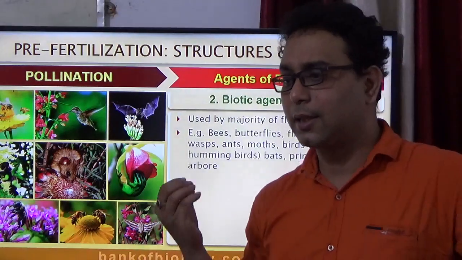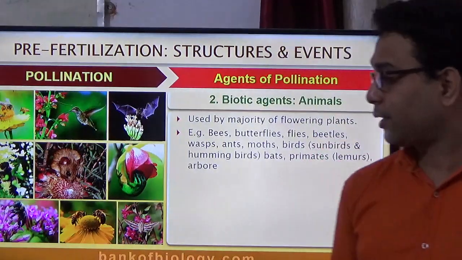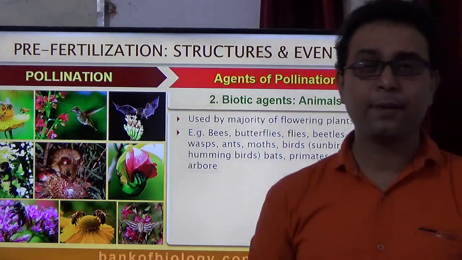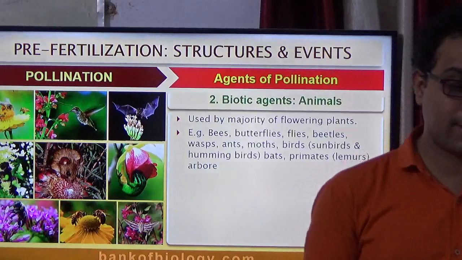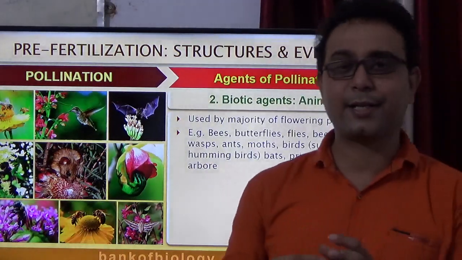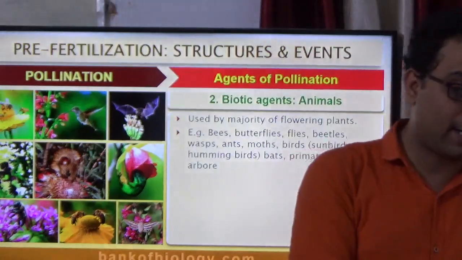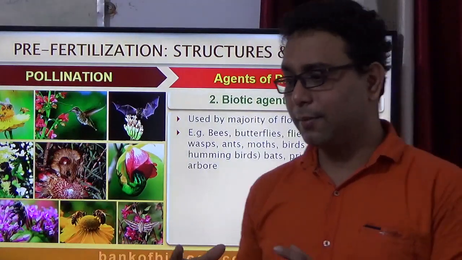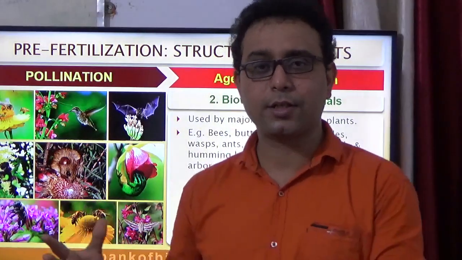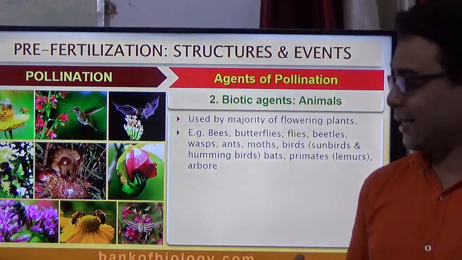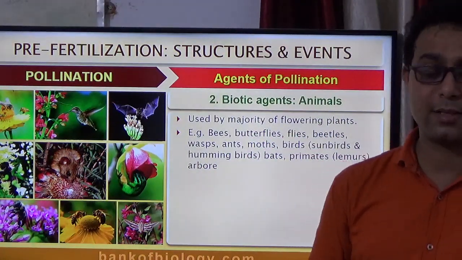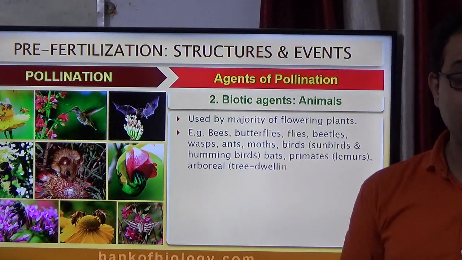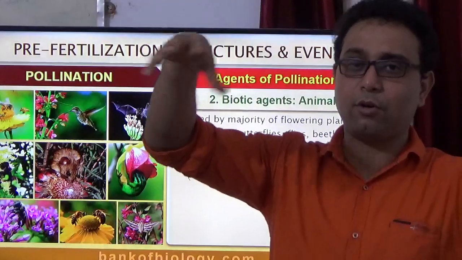Different animals take important roles, but more commonly bees, butterflies, flies or some beetles, like wasps, like ants, like moths, like birds, like sunbirds and hummingbirds are most common. They ultimately help much more in pollination. And like bats, like some primates, like the lemurs, and some arboreal animals. Arboreal means tree dwelling, like rodents.